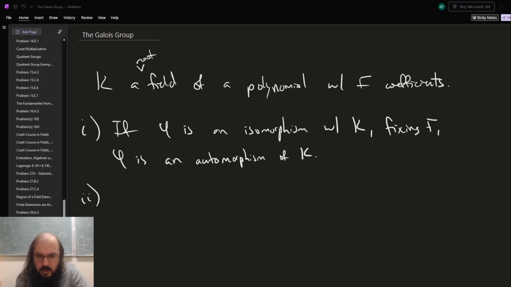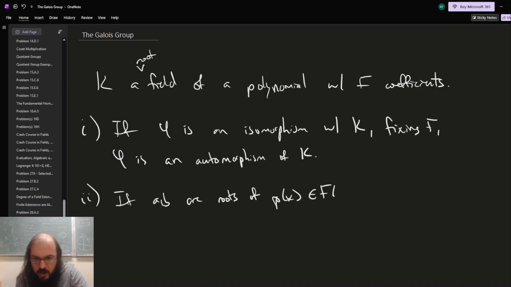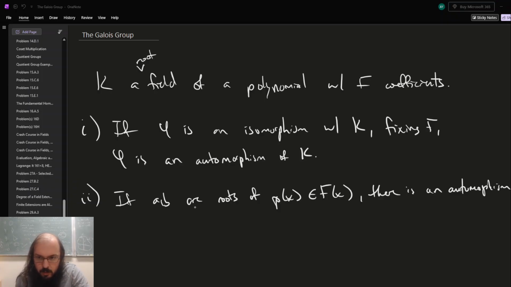The other important fact we saw is that if A and B are roots of some polynomial, so maybe we'll call it P of X in F of X, there is an automorphism which fixes F and sends A to B. And this is whichever one of the other theorems I said from the previous video. I forget all the theorem numbers.